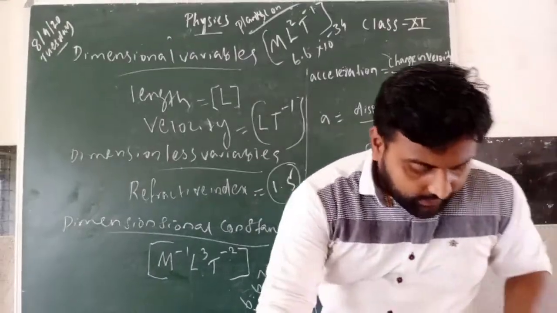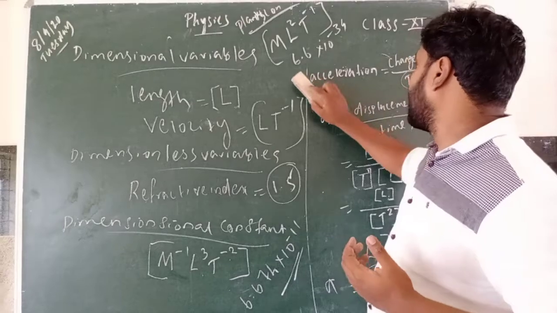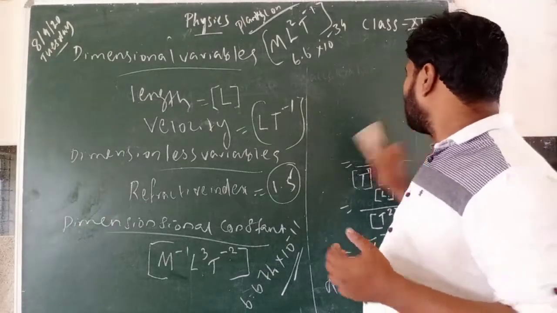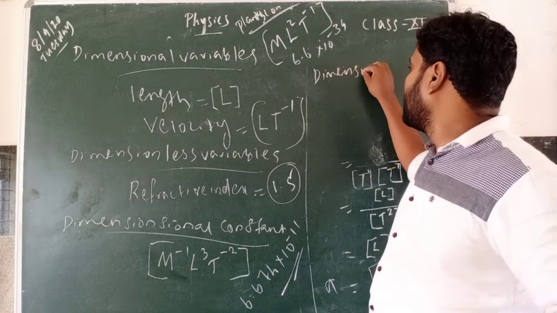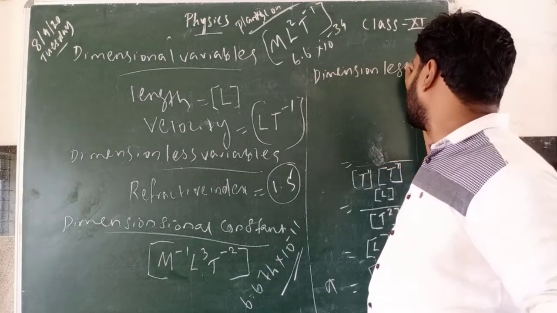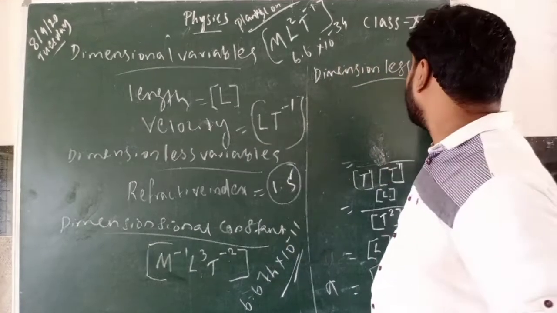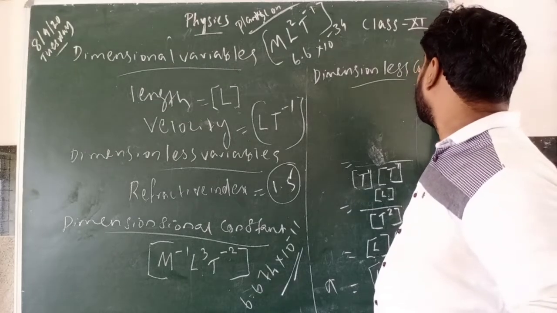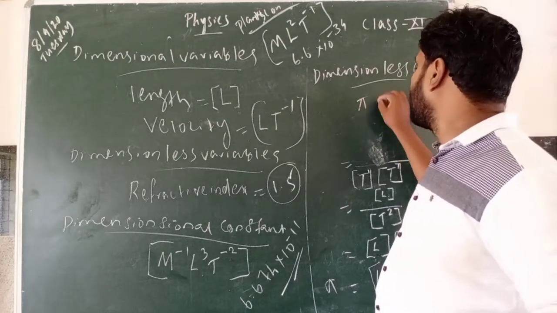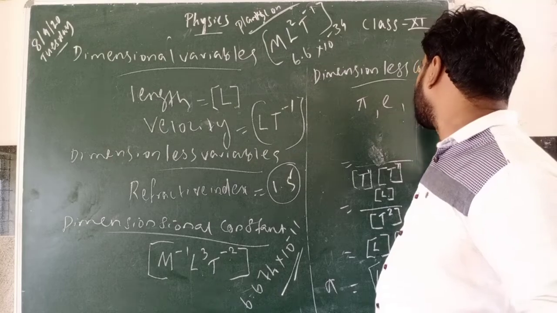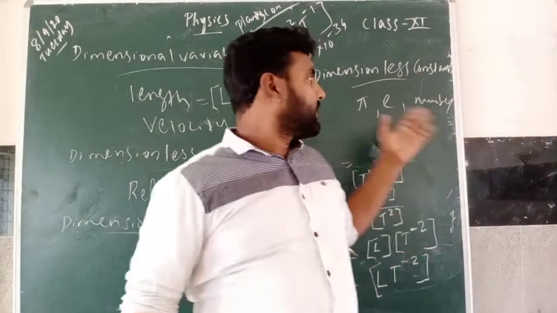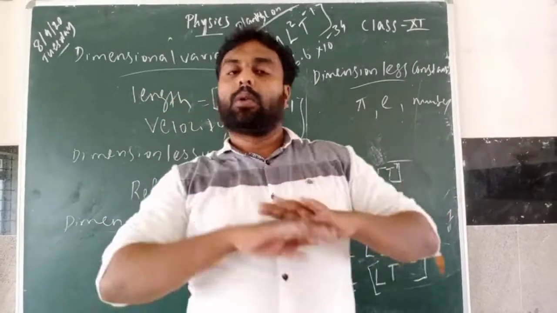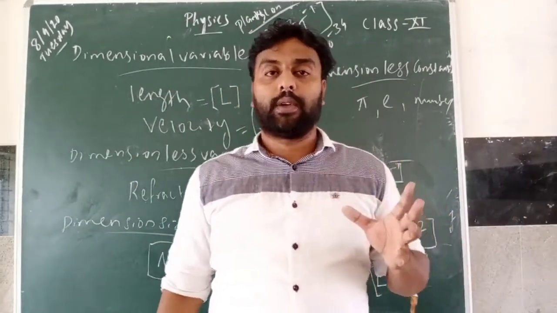And the last one is dimensionless constant. Dimensionless constant means there is no dimension but a constant value.